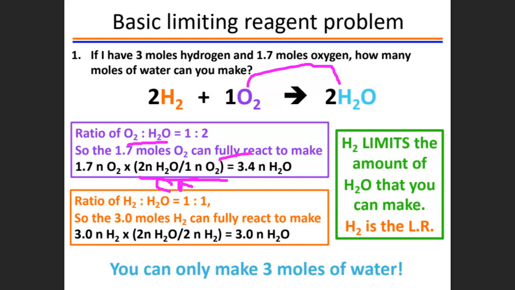So we have 1.7 mole. Remember the n represents moles. So this n oxygen will be nullified. So we will have actually 1.7 times 2 mole water. And down we have just 1, because this mole oxygen and this mole oxygen will be nullified. So if you multiply 2 times 1.7, I hope you will get this amount.